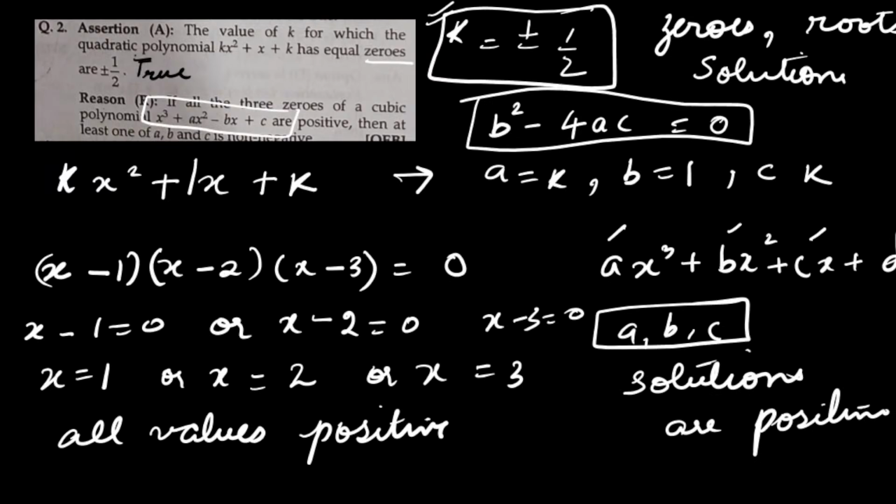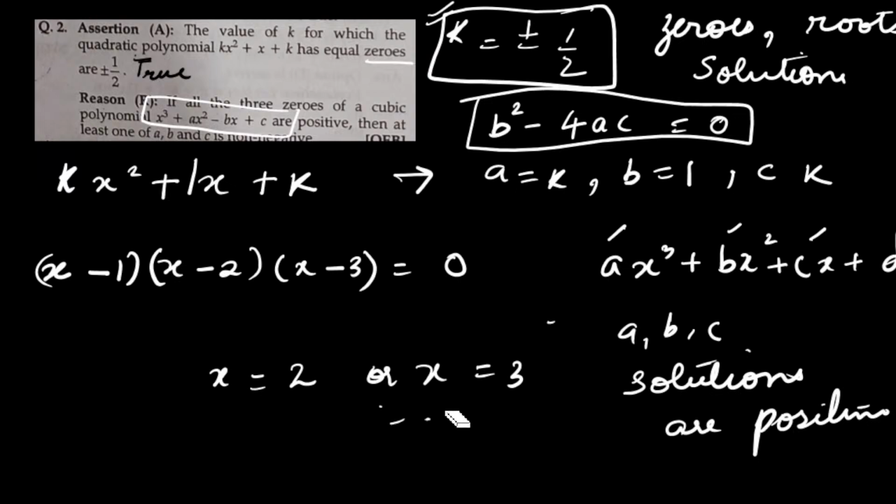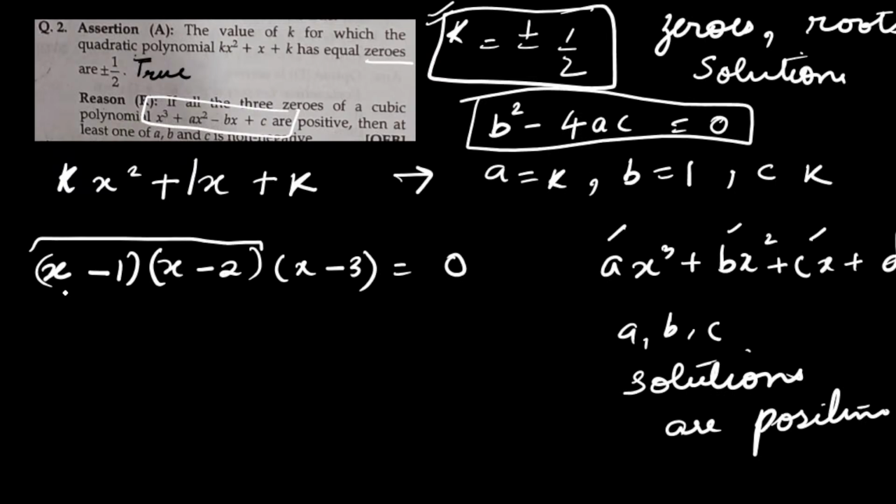So you have to remember here, when I wrote the polynomial, now let's convert this into polynomial form. Then you will get to know whether this is true or false. How to simplify this? Let's do the multiplication. I'll do bracket multiplication. So x into x minus 2, minus 1 into x minus 2, one by one I'll do.